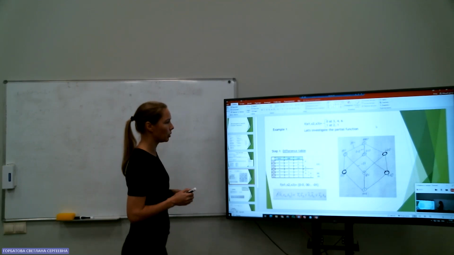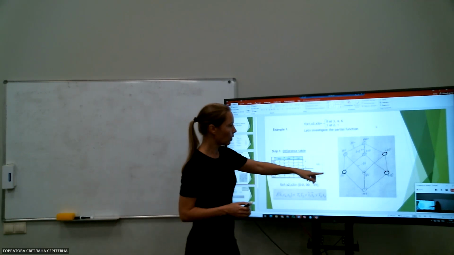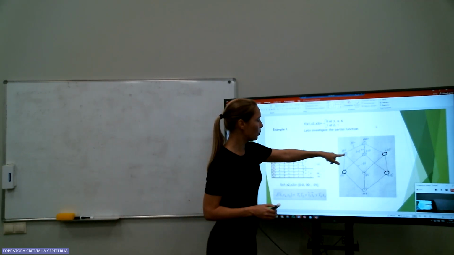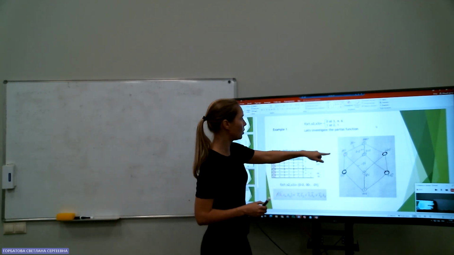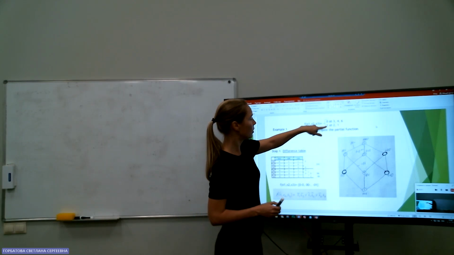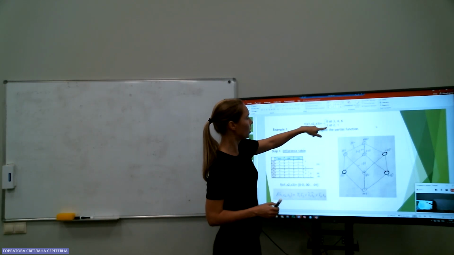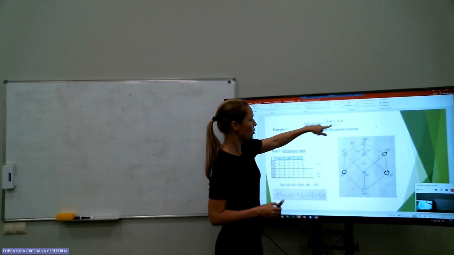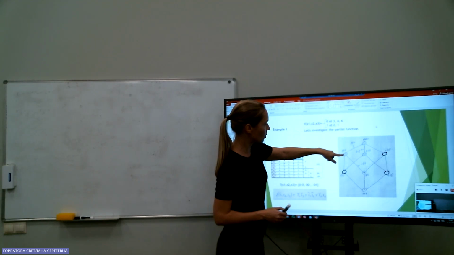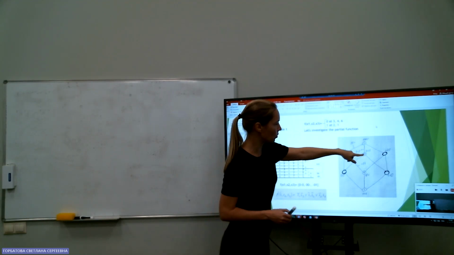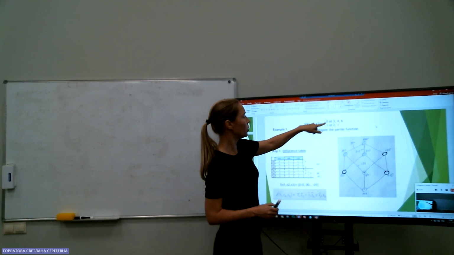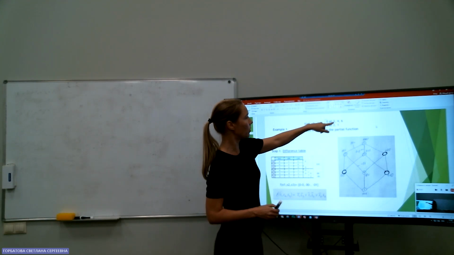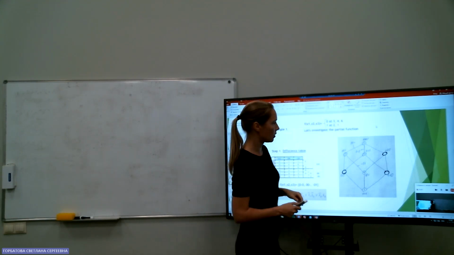So, for example, it is point where function equals to 1. A function equals to 1 at point 1 and 2. Function equals to 0 at point 3, 4, 6.